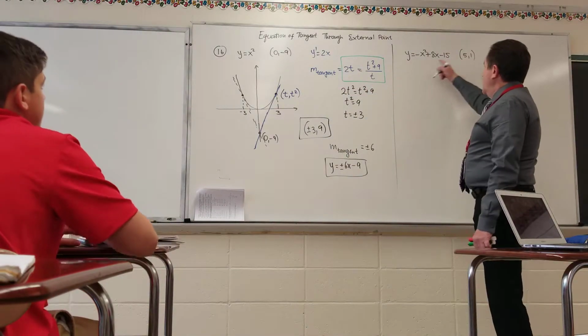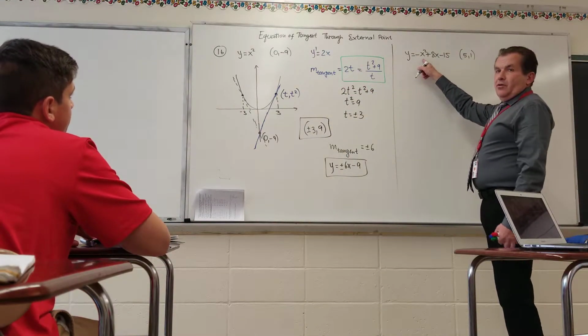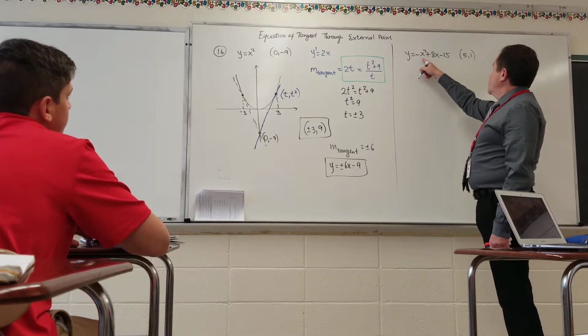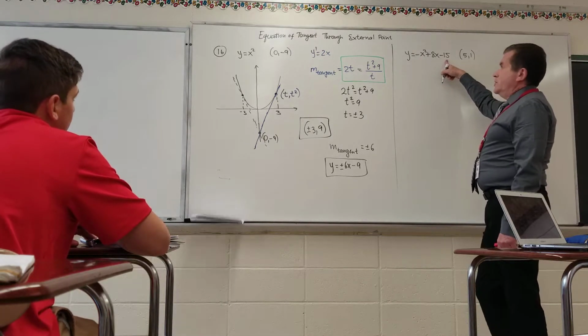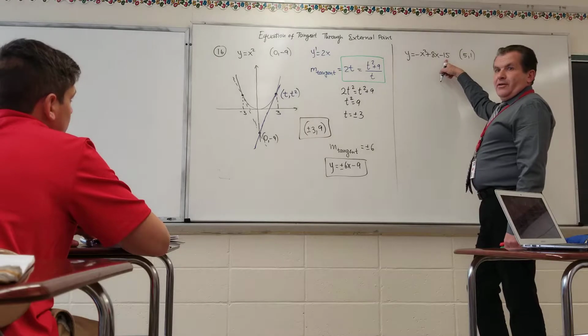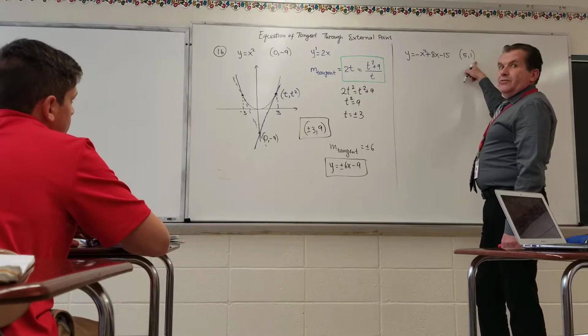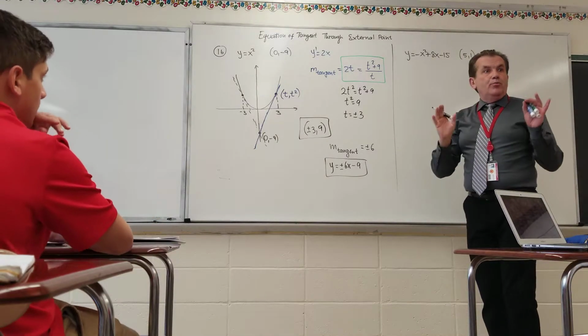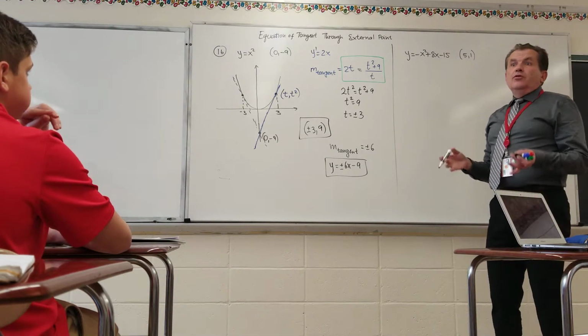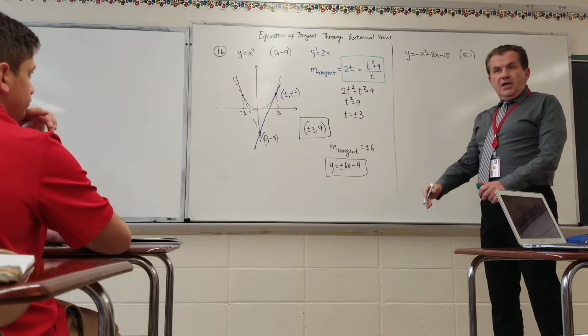So you simply plug in 5 here, and negative 25 minus 15 is negative 40, plus 40 is not 1. So you know the point is not on the graph, so you just make this process.